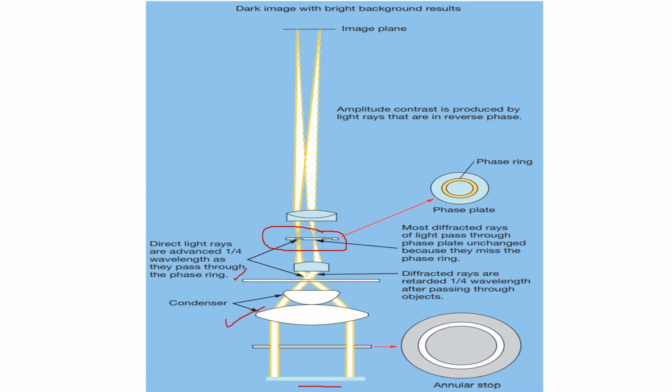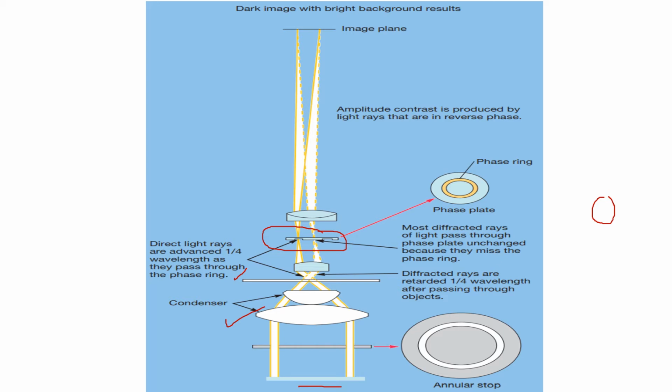These deviated and undeviated light rays pass through the phase plate, and there's a phase ring in it. Remember the phase ring? That phase ring is an optical disc. The deviated light rays pass through the phase plate and miss the phase ring, and they are retarded by one fourth due to the variations in refractive index of the cell.